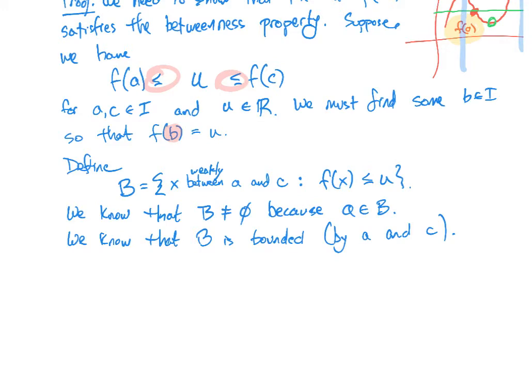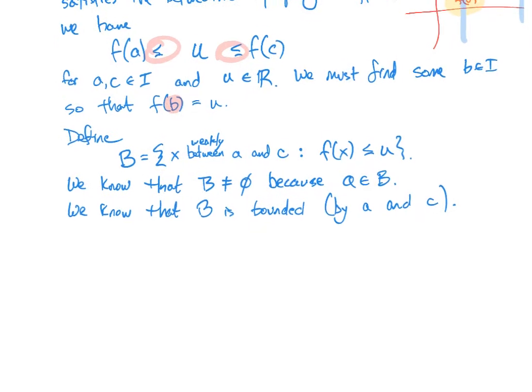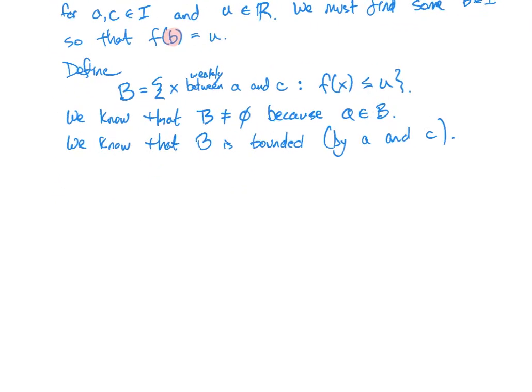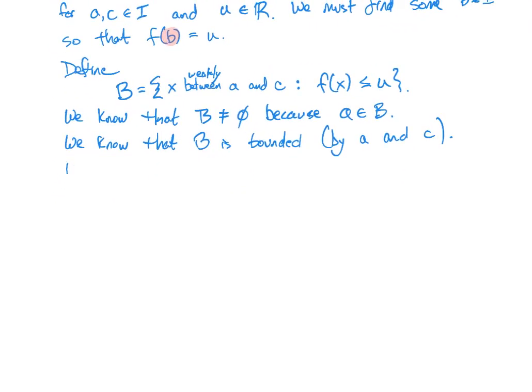We're not saying which one is which, okay? But they're bounds. So B is bounded on both sides. So it has a supremum. Okay. Therefore, B has a supremum. So let's let little b be the supremum of B.